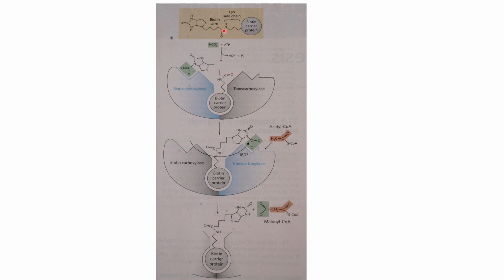This is the carbonyl group right there, and then finally you get a swinging of the chain from biotin carboxylase to transcarboxylase, and acetyl-CoA is brought in, and this forms an adduct with the carbon dioxide, getting malonyl-CoA and liberation of the biotin moiety with the biotin carrier protein here.